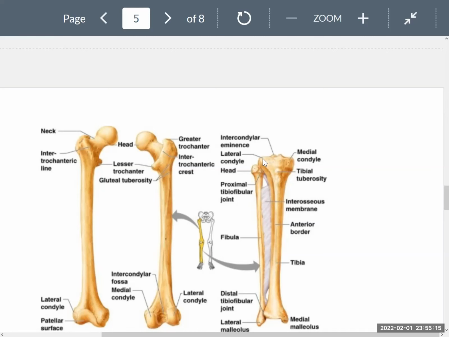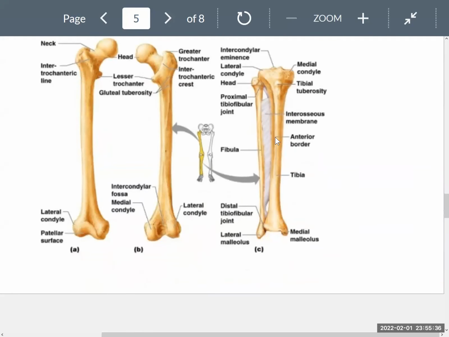Intercondylar because it's between these two condyles. This is the lateral condyle. How do you know? Because the fibula is always on the lateral side. We just said that. We don't even have to look further down. This is the medial condyle. We can look further down though.